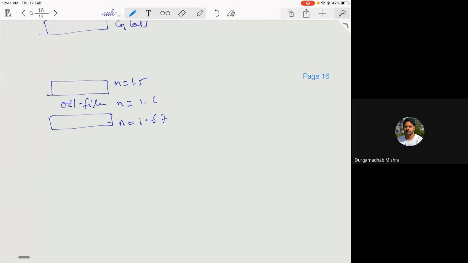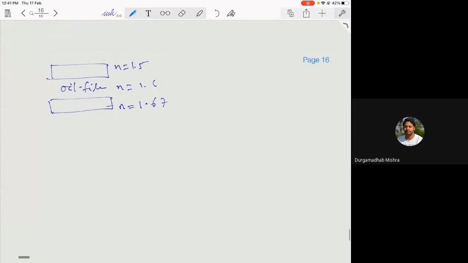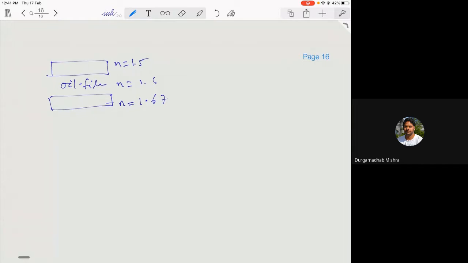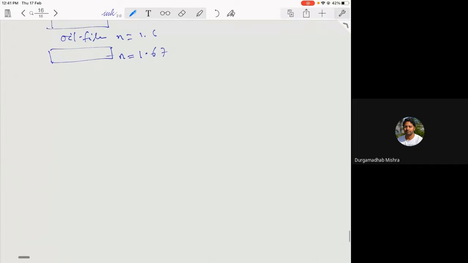Instead of assuming perpendicular incidence, let's say I have an oblique incidence. What would happen in that condition? Now I have a thin film where light is incident at an angle. In this case, we say this is the angle theta.